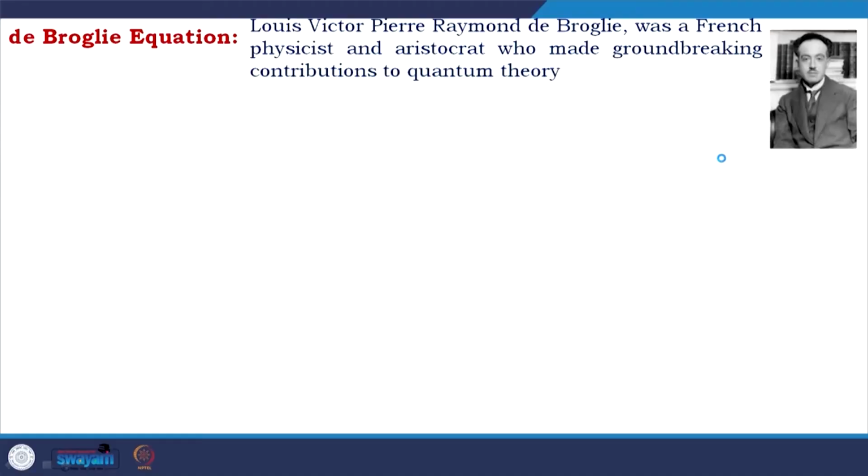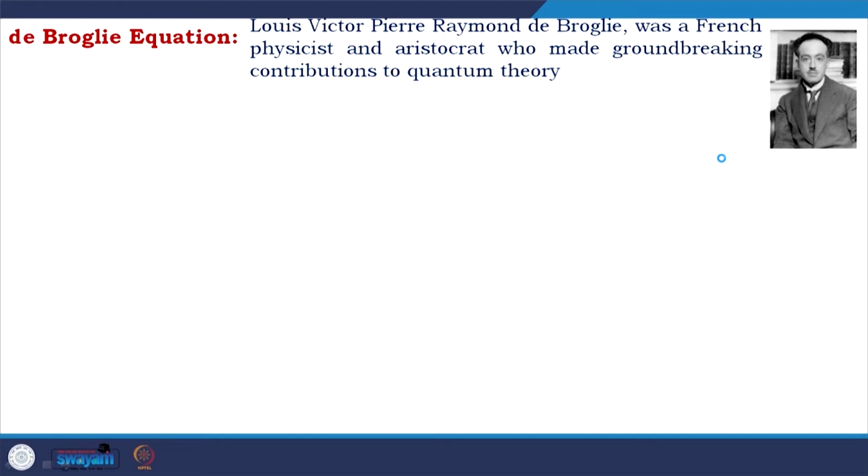Coming to the de Broglie equation, before that I will talk about de Broglie. I hope you all know about de Broglie. Louis Victor Pierre Raymond de Broglie was a French physicist and aristocrat who made groundbreaking contributions to quantum theory.